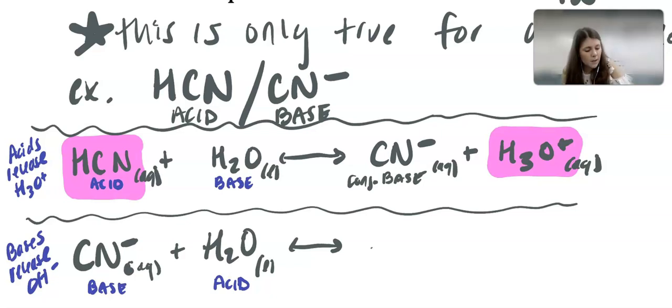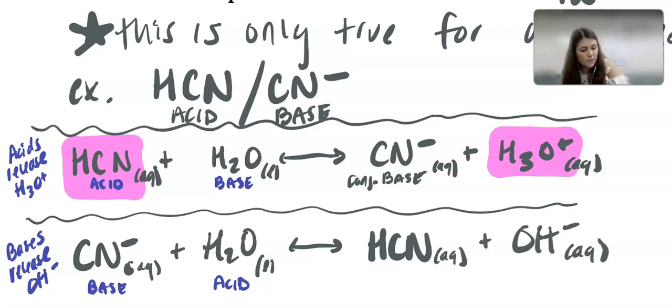So here, we will get HCN plus hydroxide. So here, conjugate acid, and then we have our conjugate base.